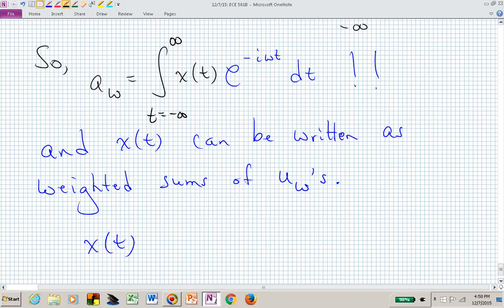But now x of t is a continuous waveform, and so instead of a finite sum, that sum converts into an integral. So we're now integrating over all omegas, that's the a of omega, e to the i omega t d omega.